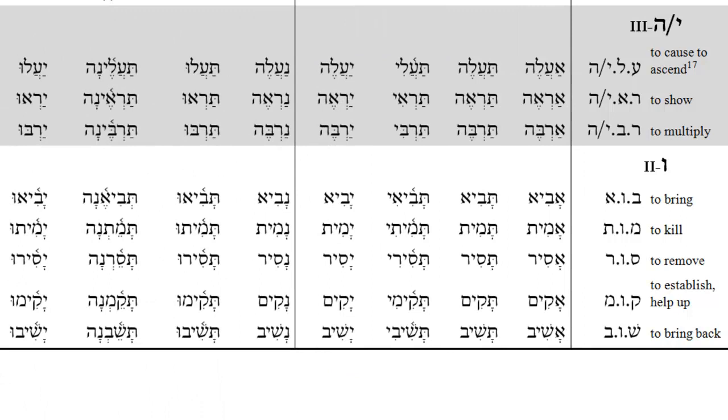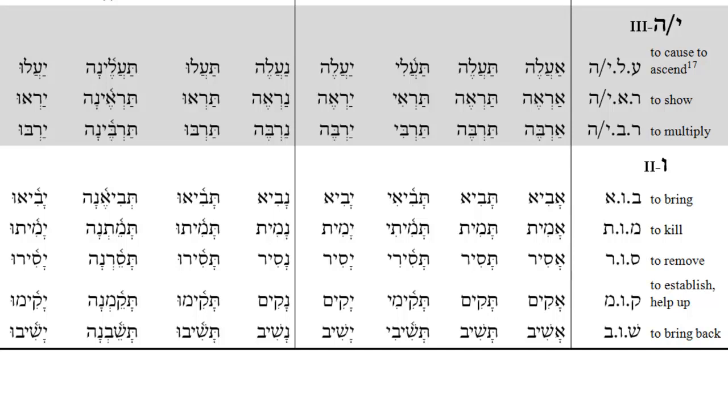The next group of three verbs is characterized by being third yod-he. A'aleh, ar'eh, arbeh. Notice in each case that the third yod-he prevents the hirik yod vowel from being inserted. Instead, these forms close with a segol he.